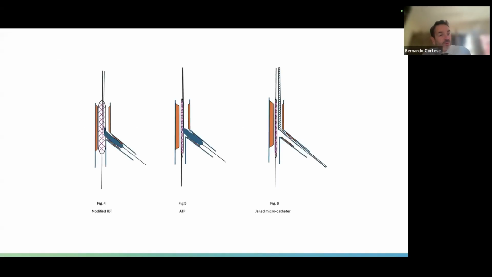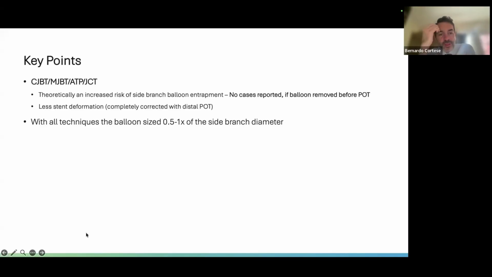Marat, we have to underline the fact that all of these techniques, I agree with your points. So I'm not worried about the stent deformation. But all of these techniques require expertise in bifurcation lesions. To start applying this technique, you shouldn't just do simple PCIs.